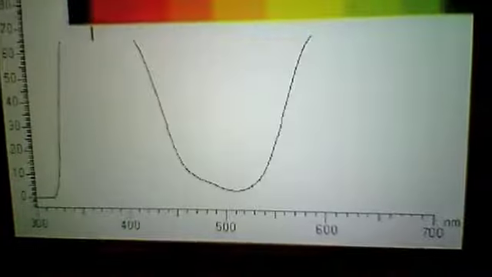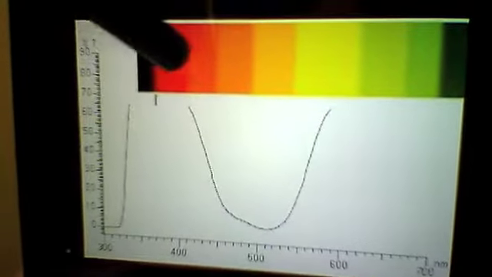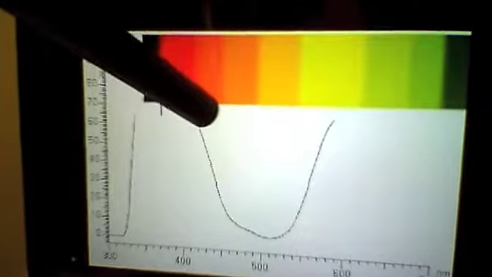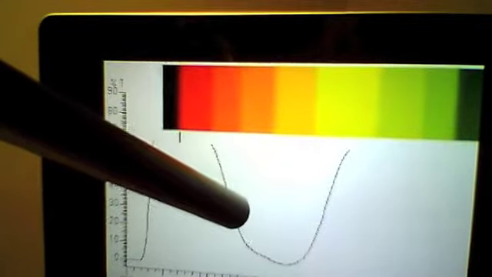The beams converge and are collected in the detector shown here. The detector then takes a ratio of absorbance values and plots them, and the dip between the absorbance values here shows the wavelength that is absorbed by the chemical sample.